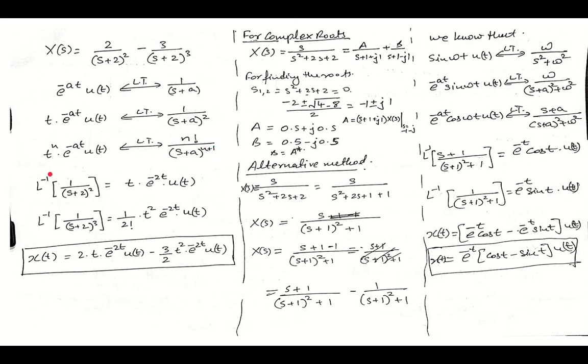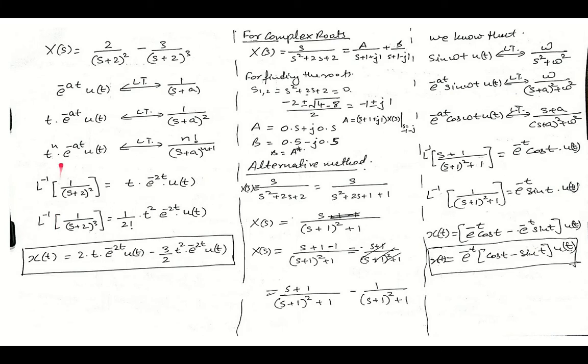Now if we want to calculate the inverse of 1 upon (s plus 2) whole square, according to this formula, this representation t into e to the power minus at u(t), we can say that this will be equal to t into e to the power minus 2t, because here the value of a will be 2. So e to the power minus 2t into u(t).